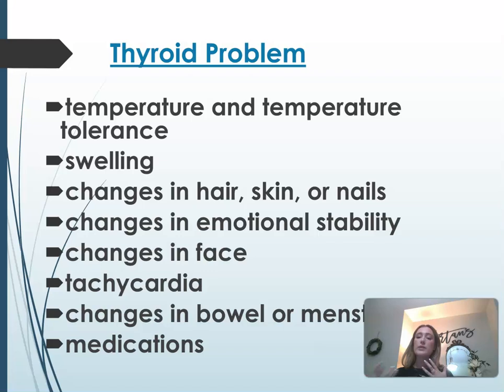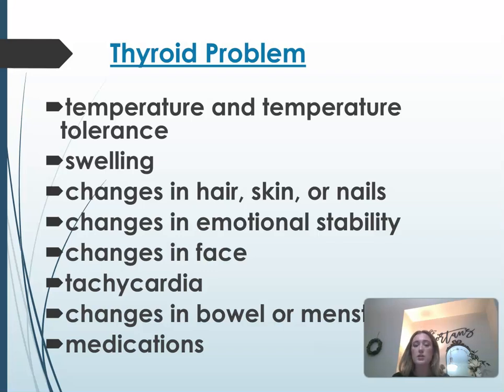Okay, so we discussed in class how to feel for the thyroid, but we're also going to go a little more in depth on what a thyroid problem actually is and some signs and symptoms of that. You can have either hyperthyroidism or hypothyroidism. Some key things to look for are temperature tolerance or intolerance.